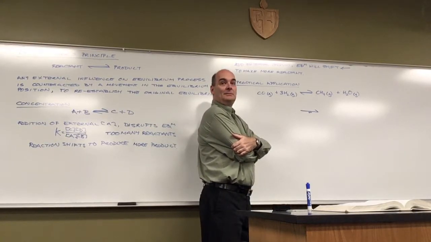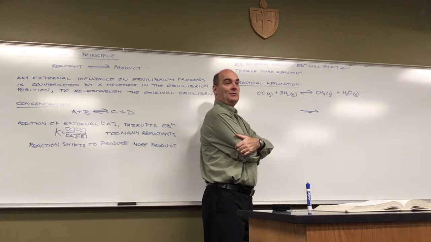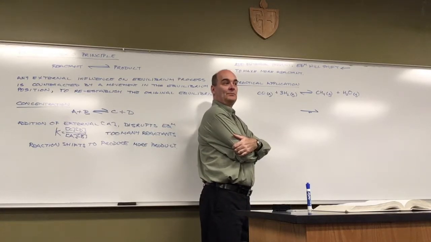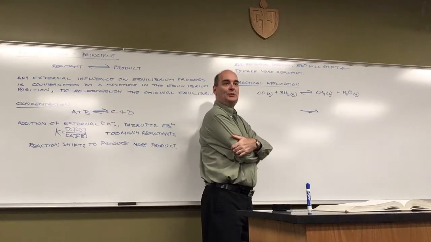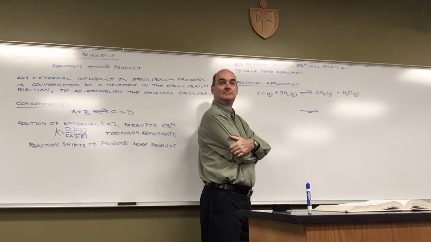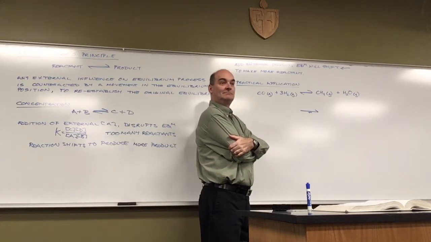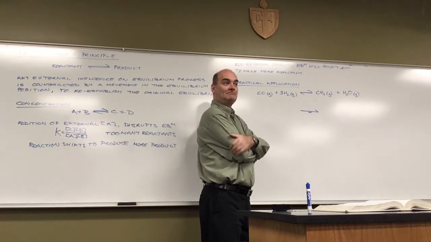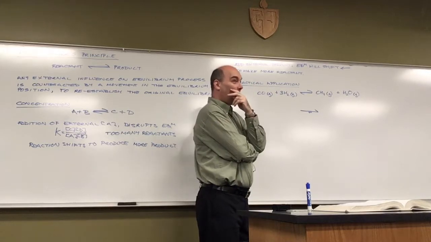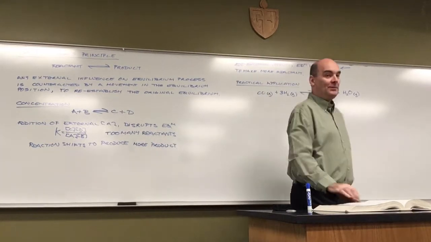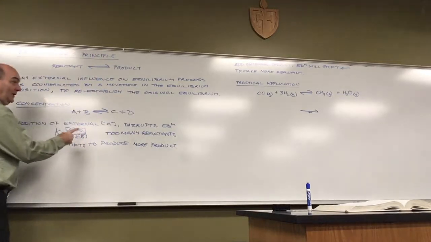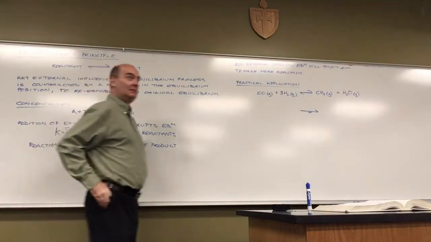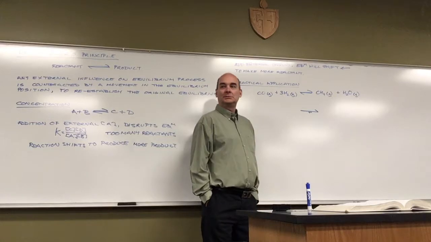Gas reaction at high temperature and high pressure, how do I move the equilibrium position to the right? There are two ways I can move the equilibrium position to the right. I could add more reactants.